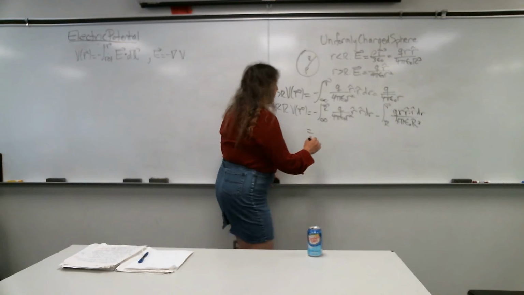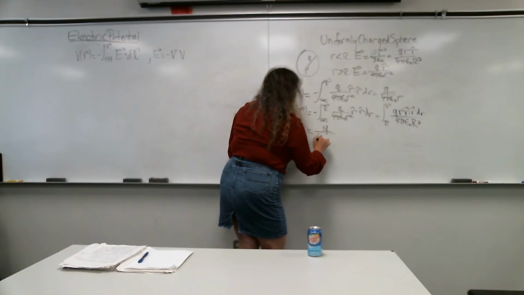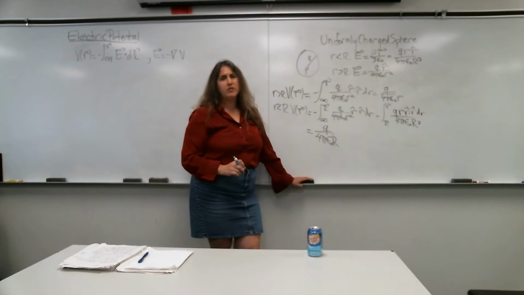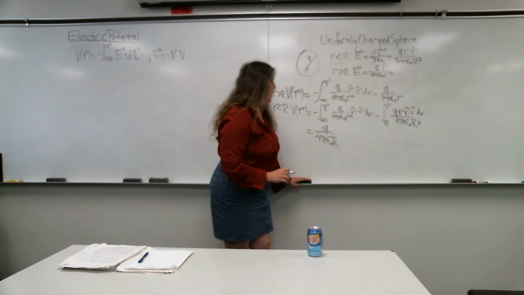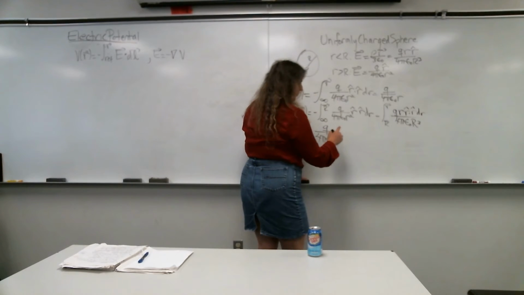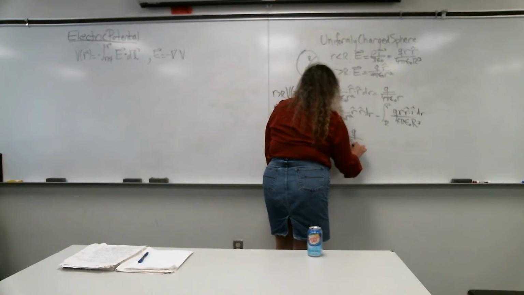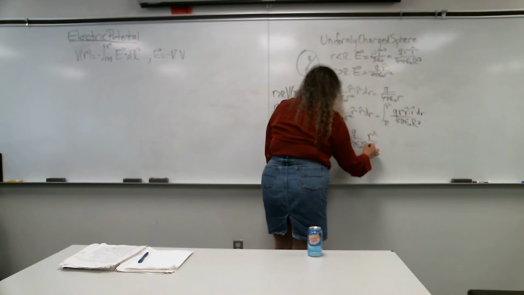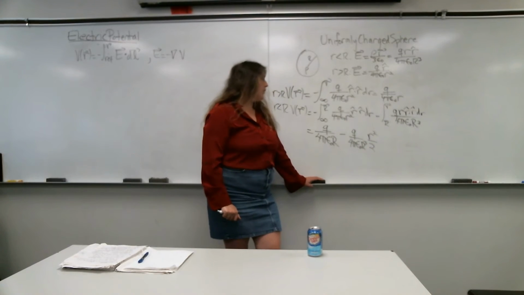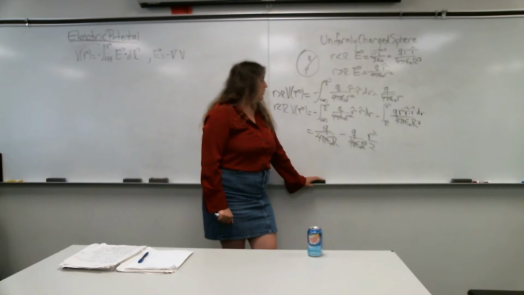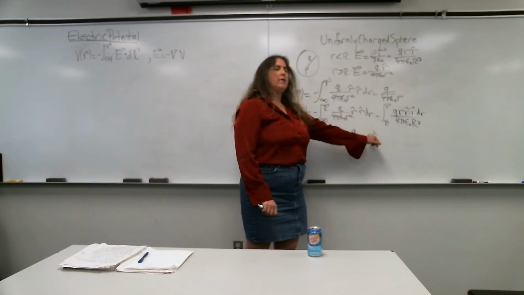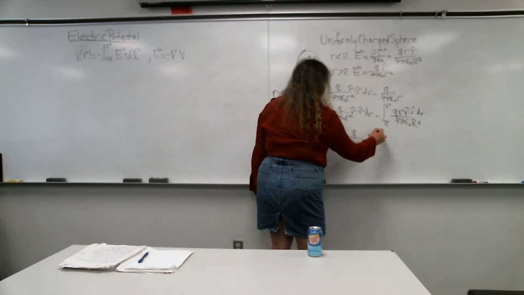First term is just going to give me q over 4 pi epsilon naught r. And the second term gives me q over 4 pi epsilon naught r cubed, radius cubed, times little r squared over 2.